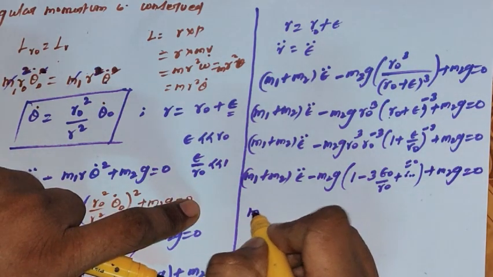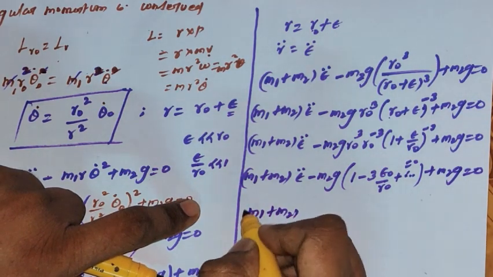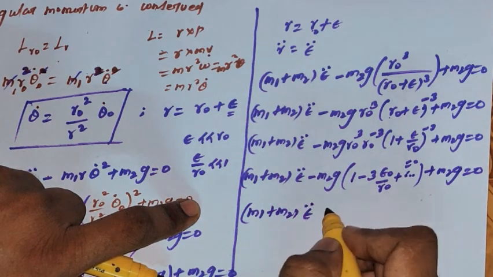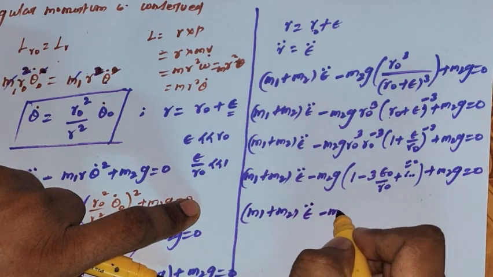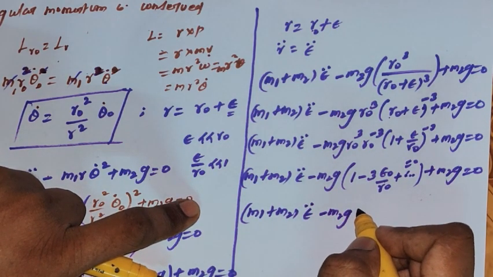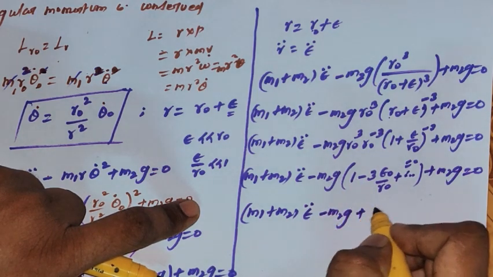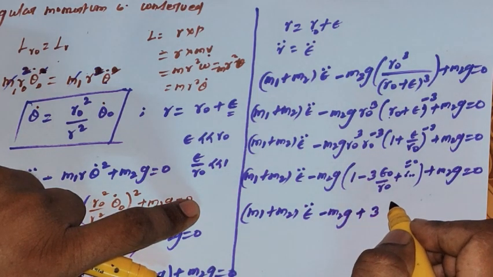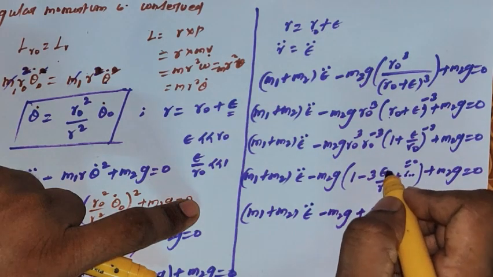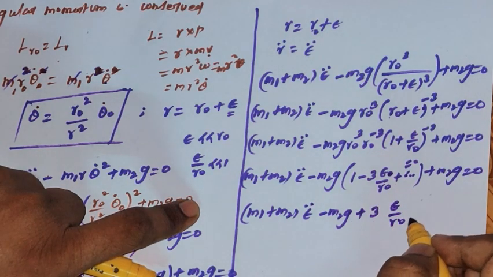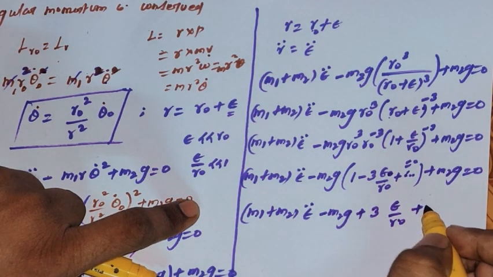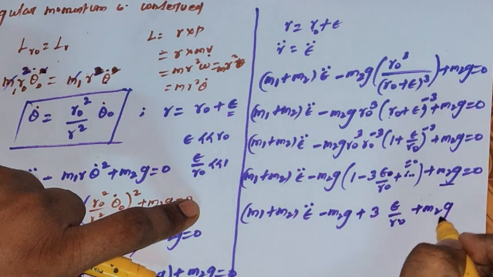Plus m2g equal to 0. Hence (m1 plus m2) epsilon double dot, multiplying inside, that is m2g, minus and minus plus 3 epsilon by r naught, plus m2g equal to 0.